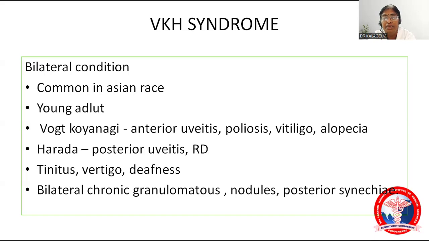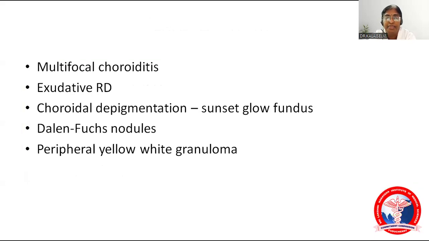And they present with bilateral chronic granulomatous uveitis, with posterior synechiae seen in them. Posterior findings include multifocal choroiditis, and exudative retinal detachment can be seen. The choroidal pigmentation is lost, and hence they see the sunset glow fundus.